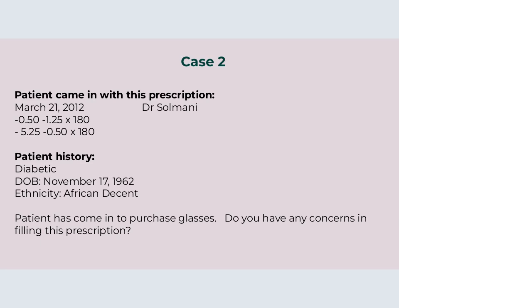What concerns are attached to the potential vertical imbalance with the difference in the prescription, or the anisometropia? If it's an old prescription, they're probably already wearing something similar to this. But what potential issues could be arising?